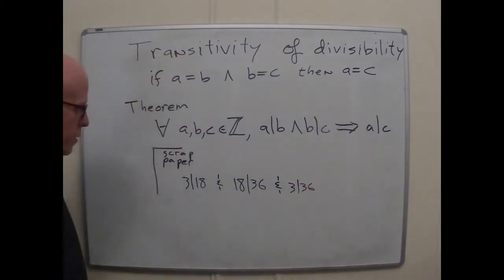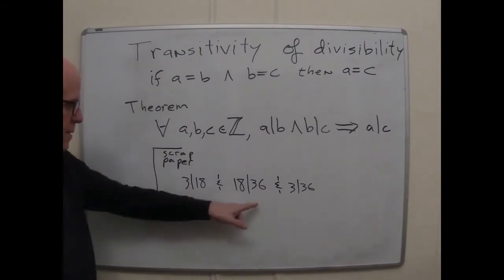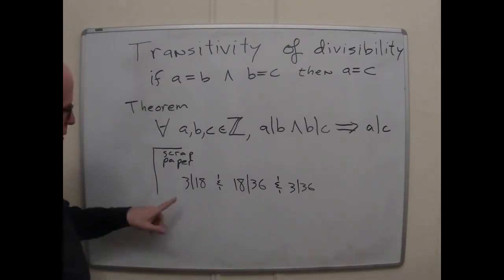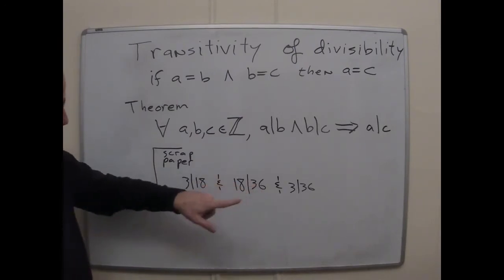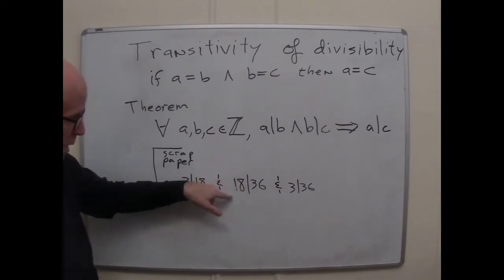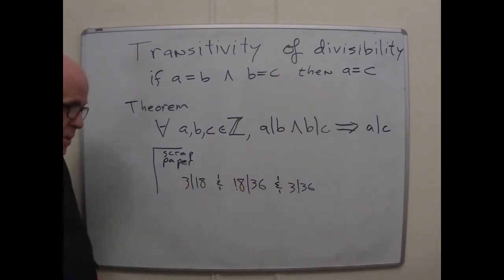So it worked out for that example, but maybe that was a weak example. I picked something that, well, here's what happened. 3 is a prime number, and 3 is one of the primes that goes into 18. And if 18 goes into 36, then that 3 hiding there in the 18 is actually in the 36. In fact, there's an extra 3 in the 36.